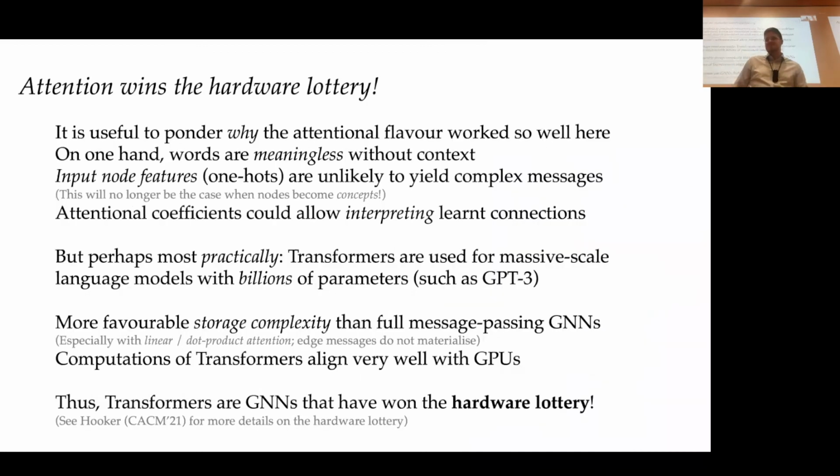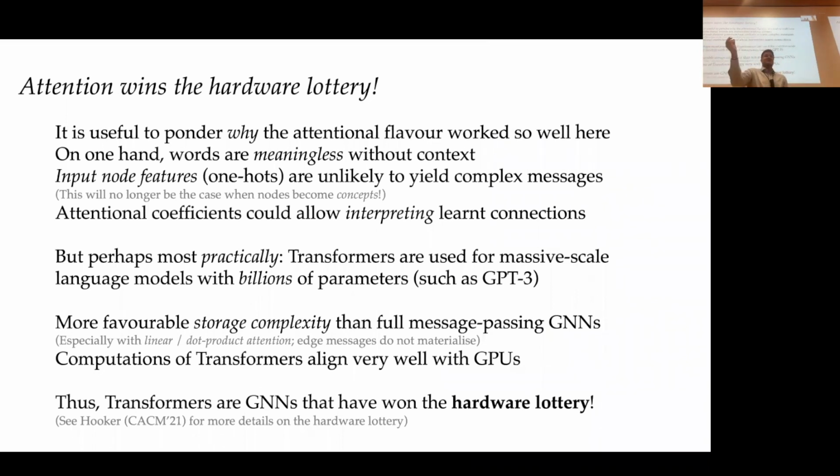And before rounding off this part, I also want to make one philosophical mention on why attention specifically and why transformers are so popular nowadays. Why is it exactly this GNN that is winning? Well, first of all, if you look at what it's working on, words, they're kind of meaningless without any context, right?